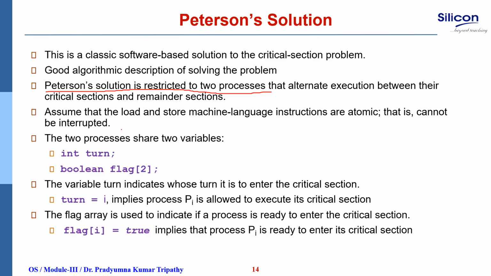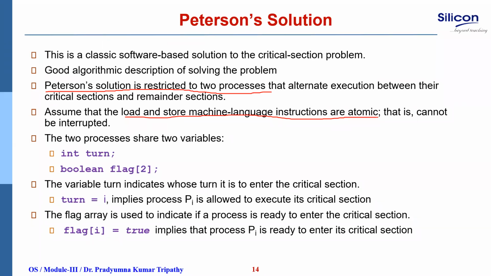Another restriction is that it assumes the load and store machine language instructions are atomic. Atomic means the load or store operation is done as a whole. It cannot be divided, and it cannot be interrupted in between.